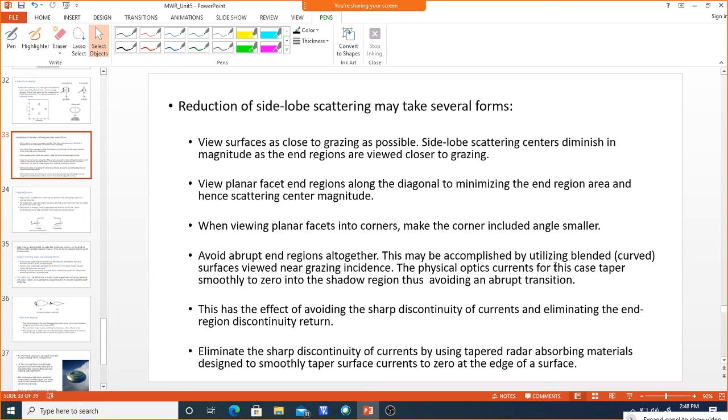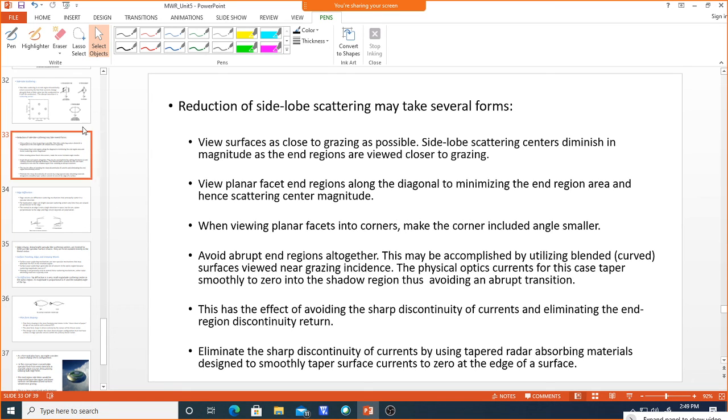So this may be accomplished by using blended surfaces with respect to near grazing incidence, okay. The physical optics currents for this case taper smoothly to zero into the shadow regions, thus avoiding the abrupt transition.